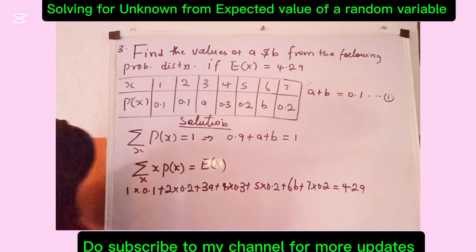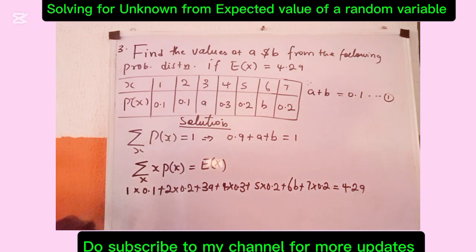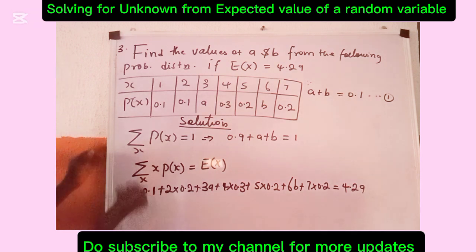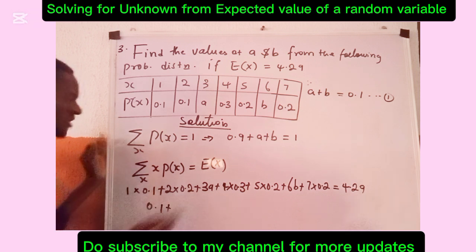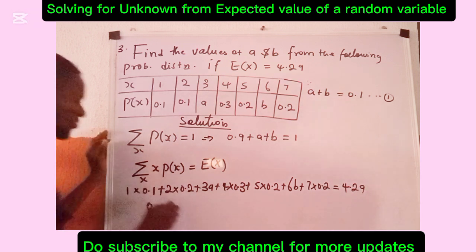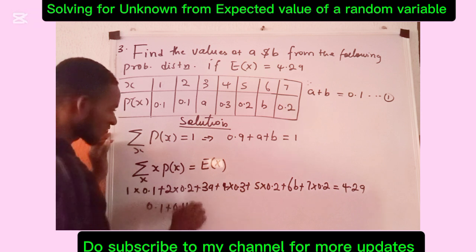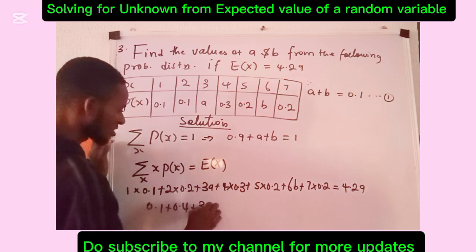So we are going to use a calculator in order to evaluate this. But 1 times 0.1 is 0.1 anyway, plus. 2 times 0.2 is actually 0.4, plus 3A.